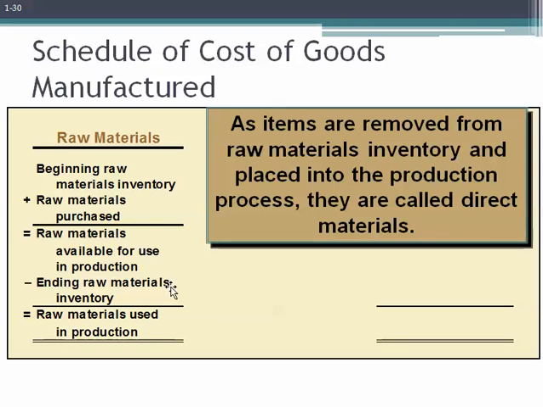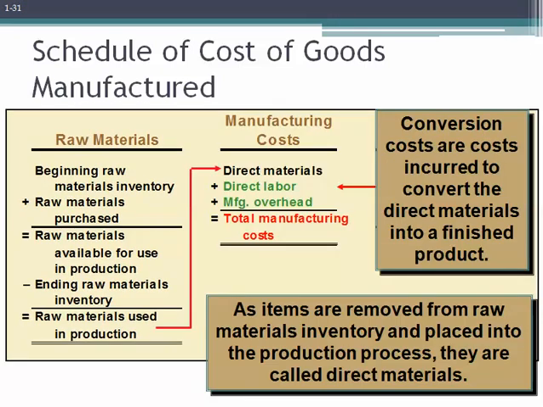We subtract our ending inventory to give us our raw materials used in production. After we've calculated the raw materials used in production, we take that amount and add to that our direct labor costs and our manufacturing overhead to get our total manufacturing costs for the period.